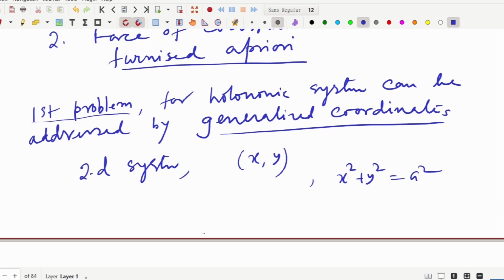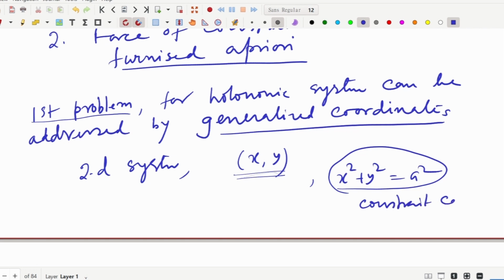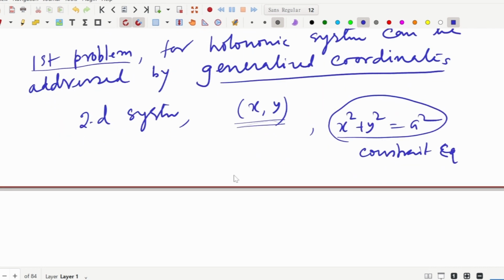All dynamical variables are functions of x and y, but subject to this constraint condition. That means the two variables x and y are not independent, but this is a holonomic constraint.